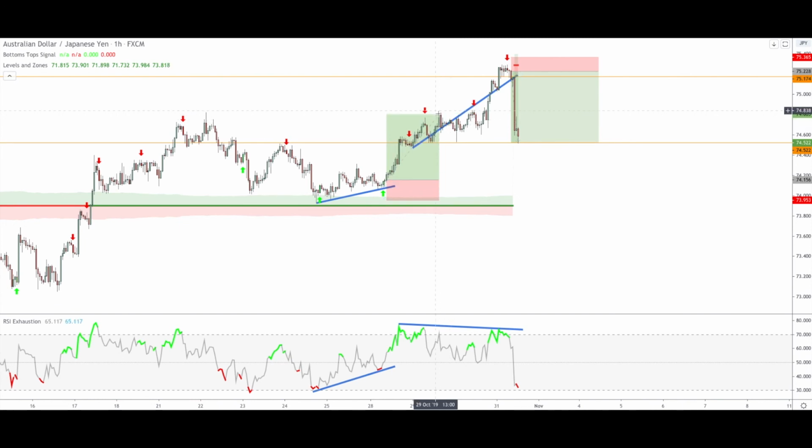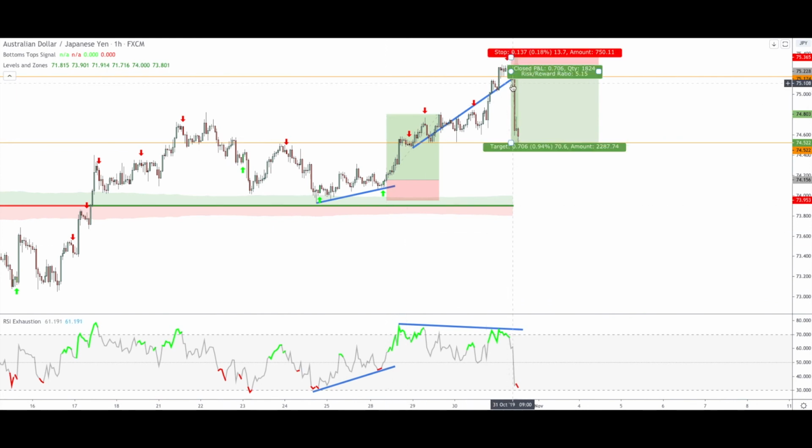We couldn't tell from here where the price would have gone next, because we didn't have any evidence in the indicators, in the price structure, where the price was headed. The only time we had the evidence was when we started the trade, when we made our initial analysis, and the same applies here.